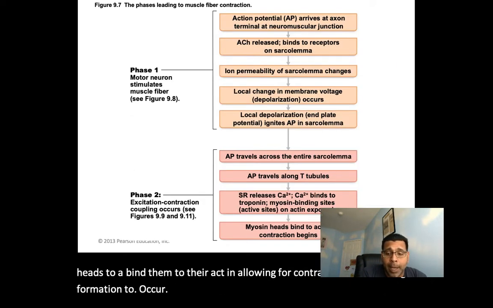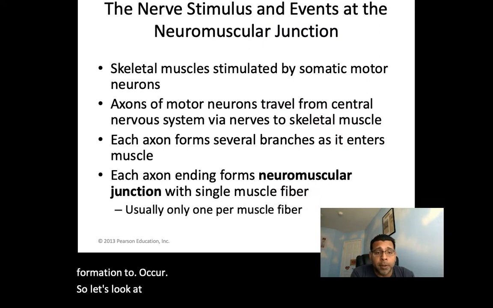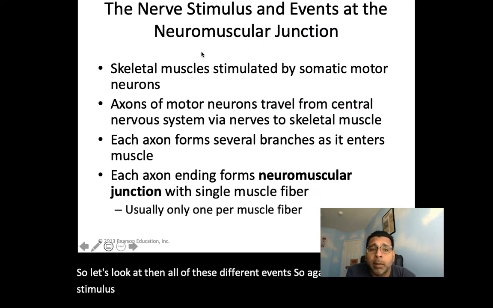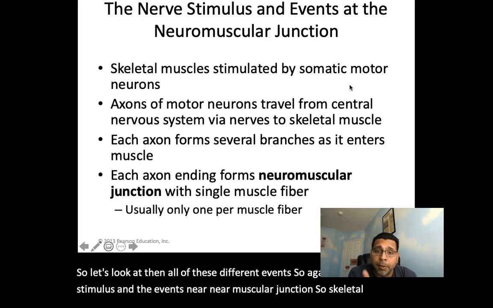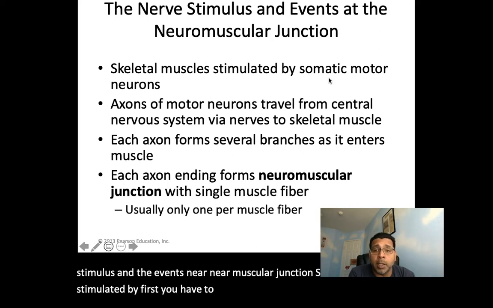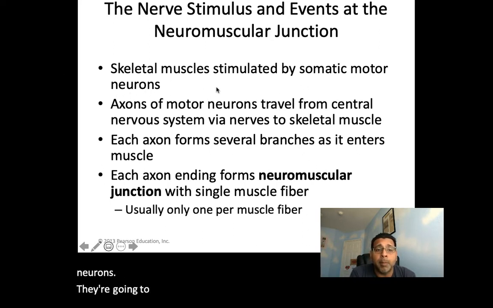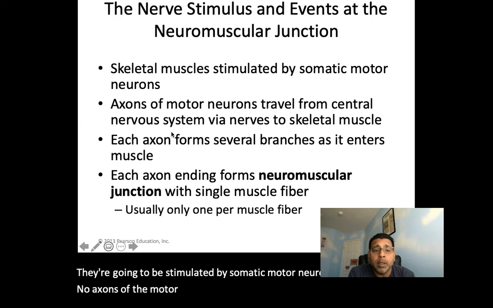So let's look at all of these different events. Again, the nerve stimulus and the events at the neuromuscular junction. Skeletal muscle is stimulated by somatic motor neurons. Axons of the motor neurons travel from the central nervous system via nerves to the skeletal muscle.